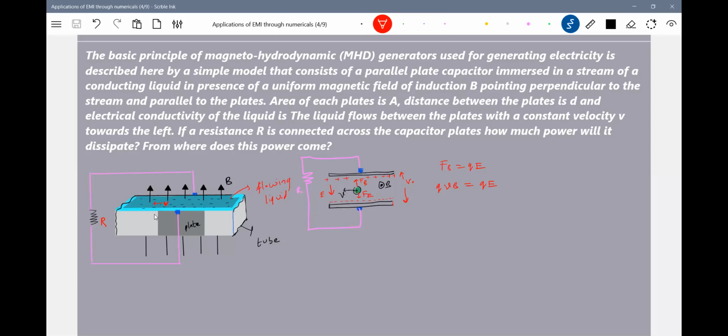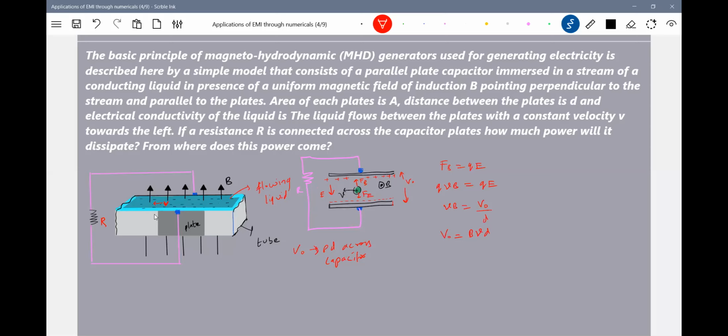Let's assume V naught is the PD across the capacitor. This will be VB. E is uniform, so we'll write V naught equal to BVD.